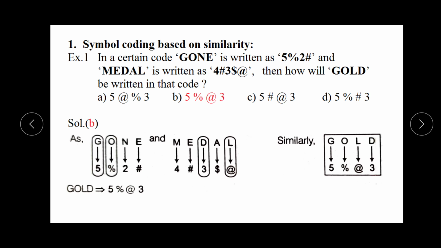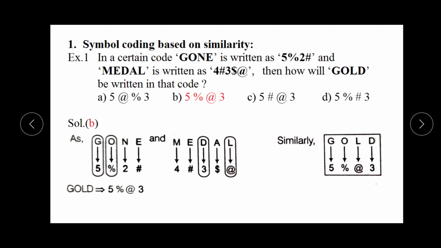Then we have to find out the code for gold. Gold is a word whose letters are present in the given two words, gone and medal. G and O are present in gone, and L and D are present in medal. Why do we choose symbol coding based on similarity?